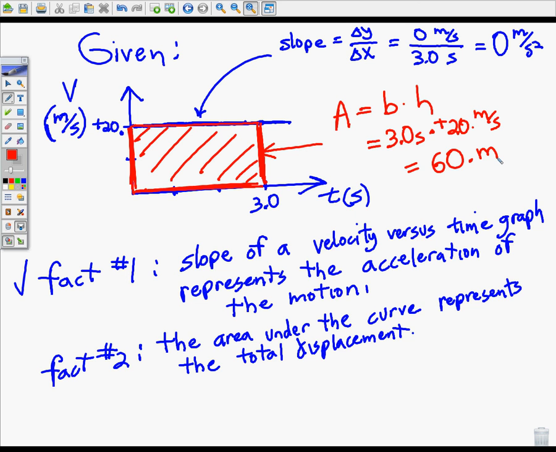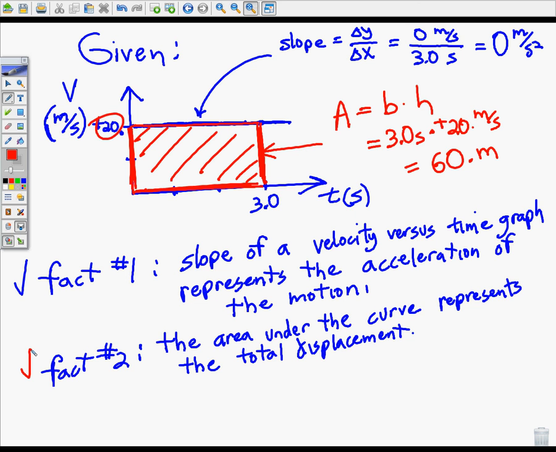Which makes sense, because if you're going 20 meters per second, how far would you travel in 3 seconds? 60 meters. So these two facts right here are very useful when solving motion problems.